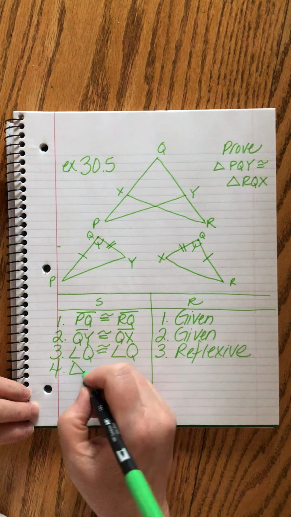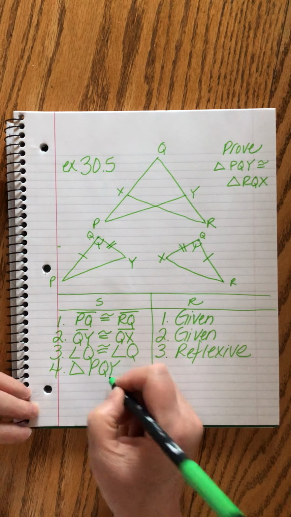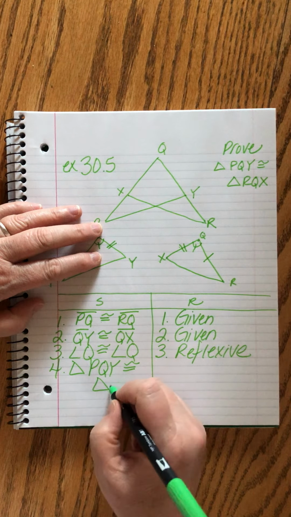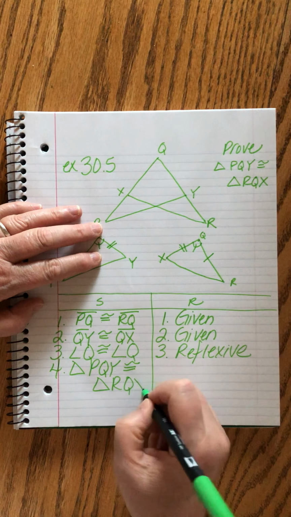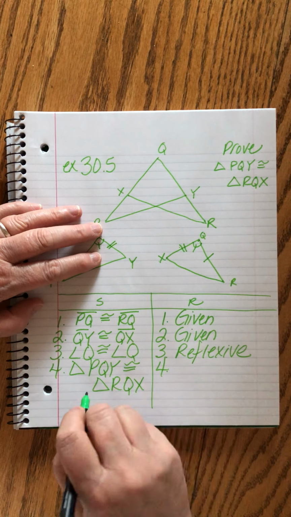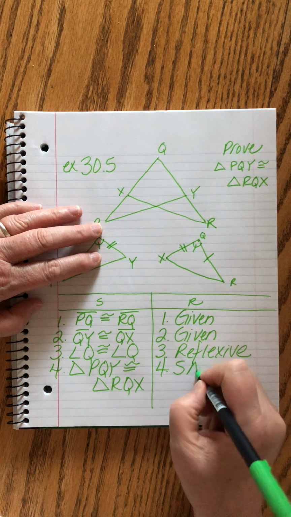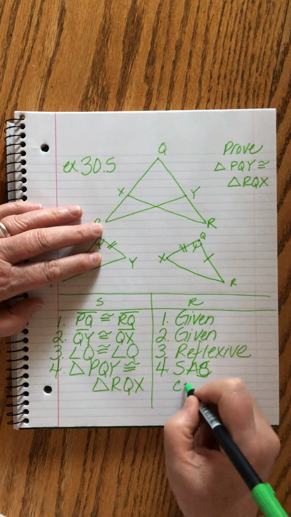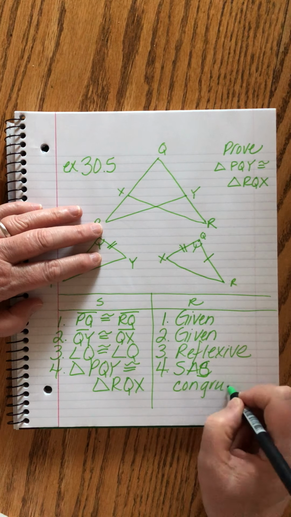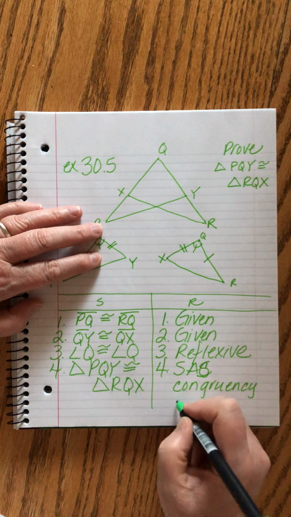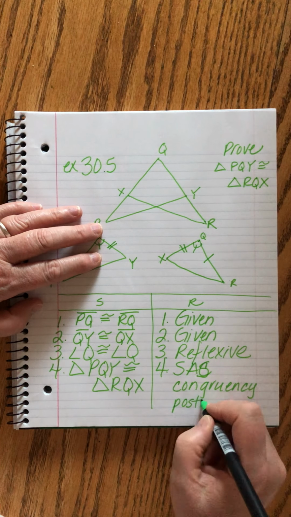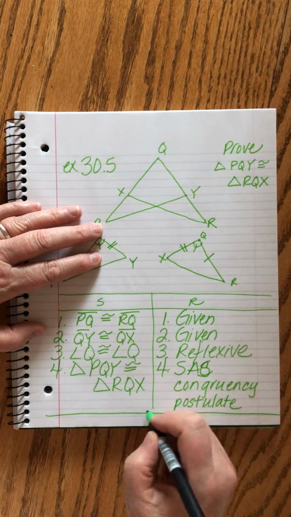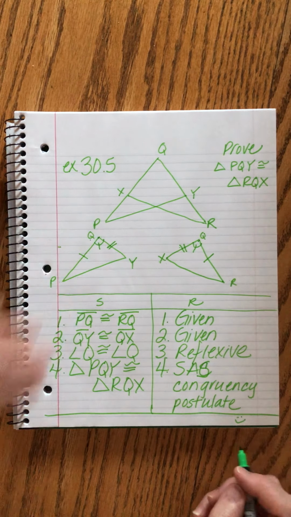We can say triangle PQY, I'll just use John's order of the letters, is congruent to triangle RQX. And this time it's by reason of side, angle, side congruency postulate. I like to write that because it makes me feel smart. Done. We did it. Right?